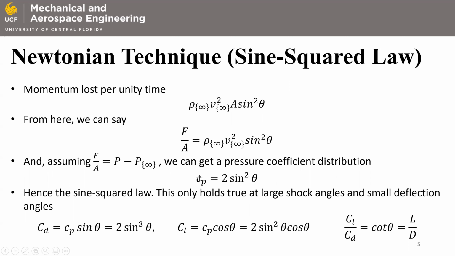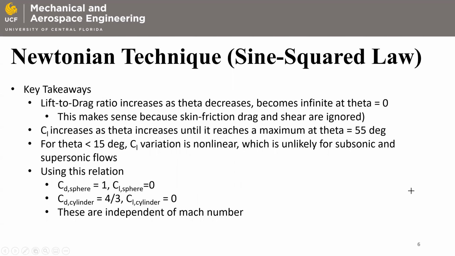When you have those, you can also calculate all your other coefficients, your CD, CL, and your lift-drag ratio from this. The major takeaways from this one are that when theta decreases, your lift-drag ratio increases, and it becomes infinite at theta equals 0.